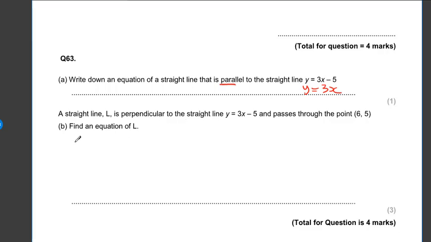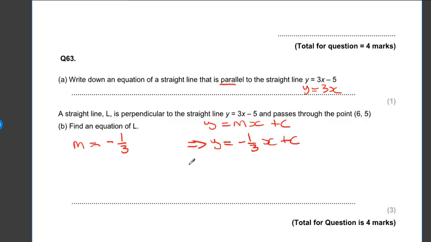The equation of m? Okay, so m equals, take that 3, turn it upside down and change the sign. Minus a third. Easy. The equation of L, y equals mx plus c. That implies y equals minus a third x plus c.